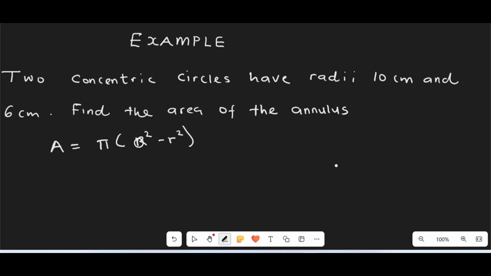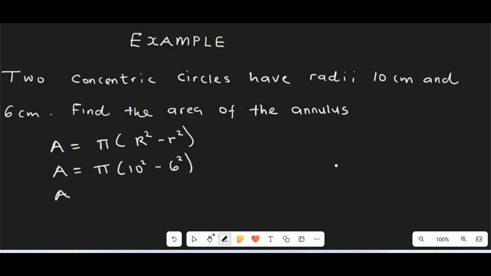Capital R is the radius of the outer circle and small r is the radius of the inner circle. A equal to pi bracket 10 squared minus 6 squared.